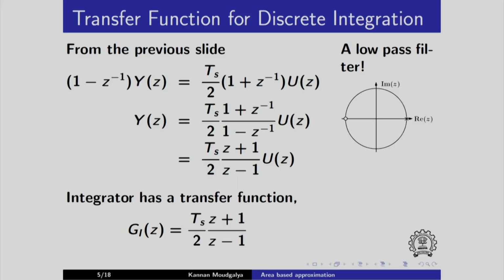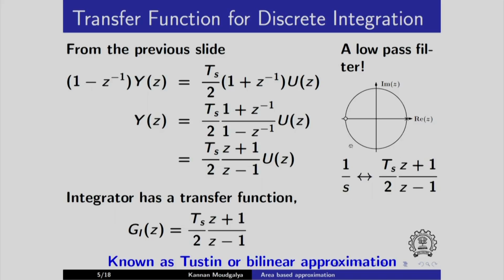It is a smoothing operation. So we write it as 1 over s as the discrete equivalent of the value given here, which is Ts by 2 times z plus 1 by z minus 1, same as what we have here. This is also known as the Tustin or bilinear approximation.